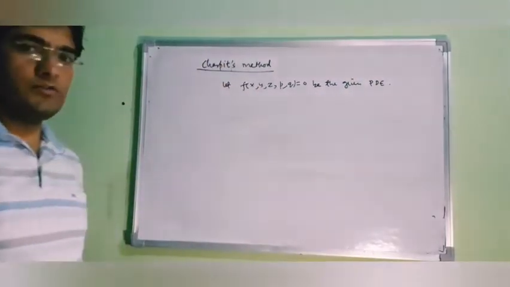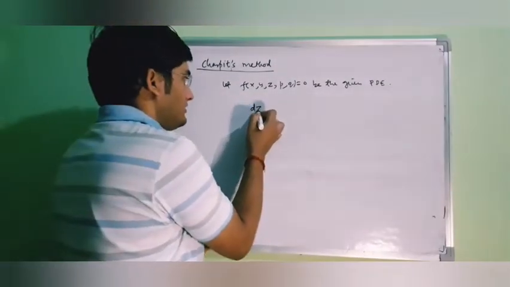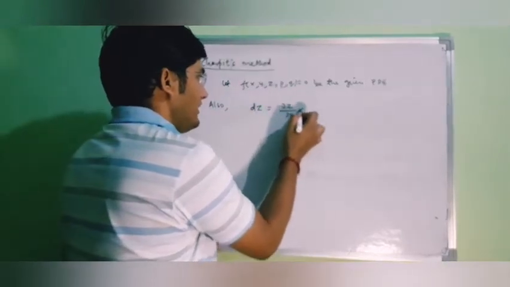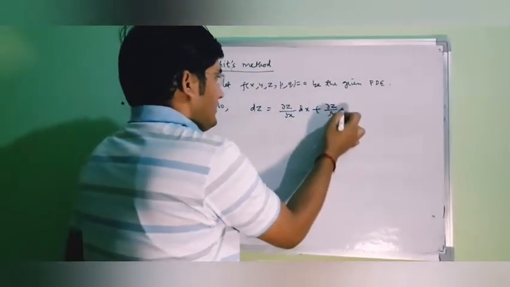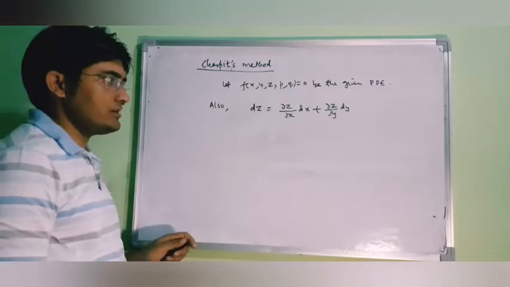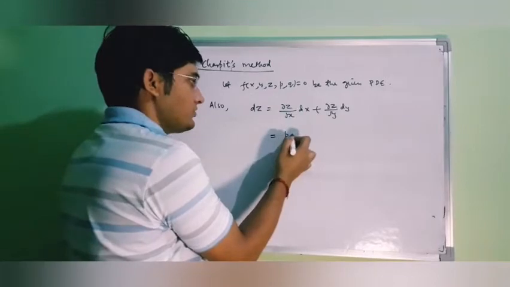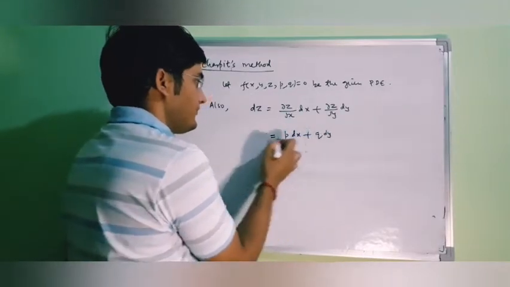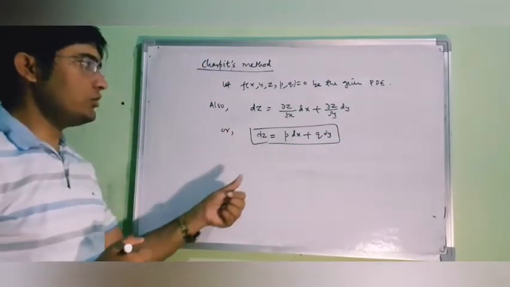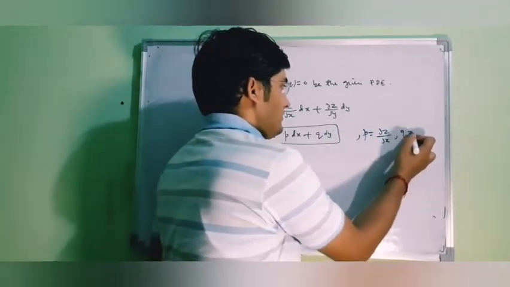As we know z is a function of x and y, so we can write dz equal to del z upon del x dx plus del z upon del y dy, that is dz equal to p dx plus q dy, as p is del z upon del x and q is del z upon del y.